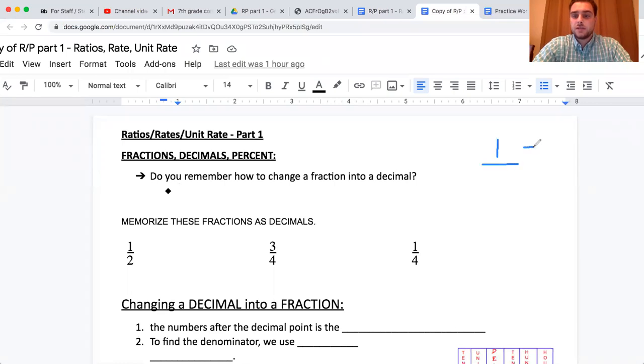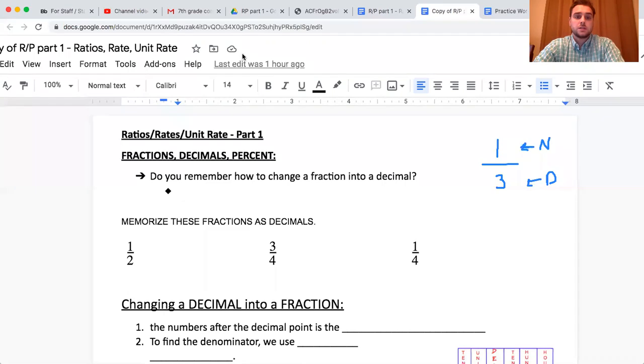Okay, so the number that's at the very top is going to be our numerator. And then the bottom number is going to be our denominator. So say I have the fraction 1/3. The numerator is going to be 1 and the denominator is going to be 3. So 1/3, or numerator 1, denominator 3.